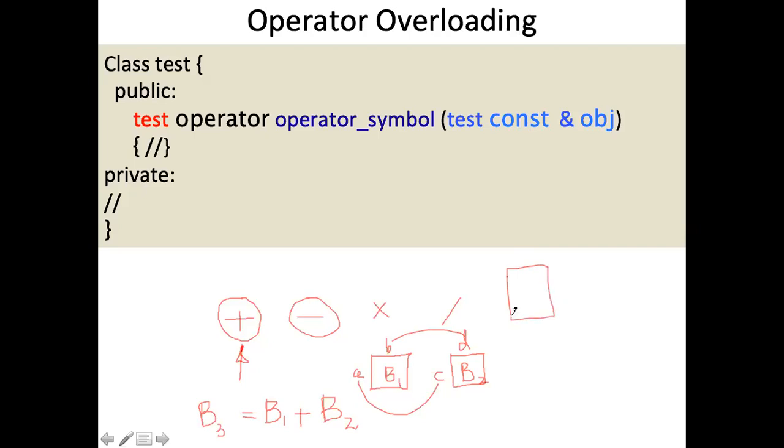This would be a plus c, the height of this box, and the width of this box would be b plus d. This is the width of the box, and this is my b3.